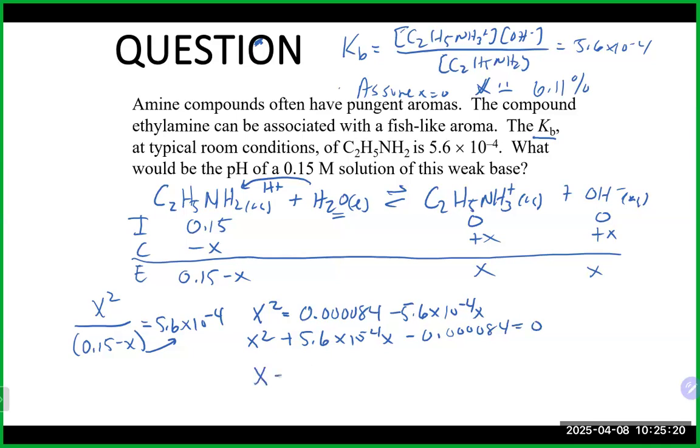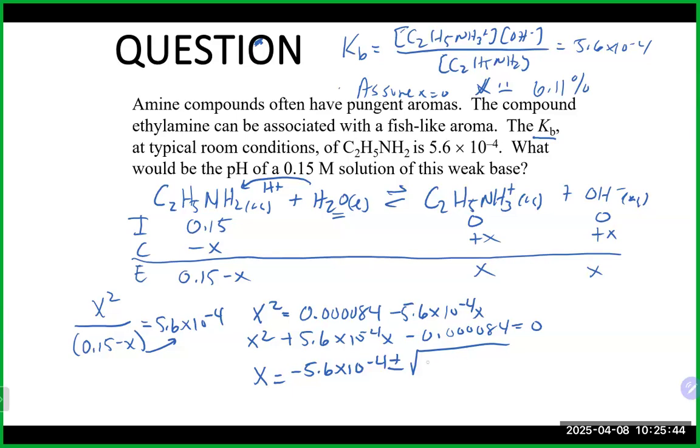So our x would equal minus 5.6 times 10 to the minus 4, plus or minus the square root of 5.6 times 10 to the minus 4 squared, minus 4 times a, which is 1, times c, which is negative 0.000084.